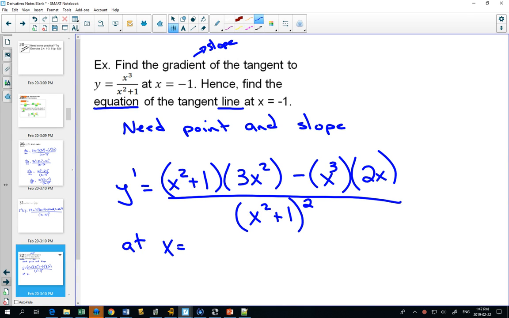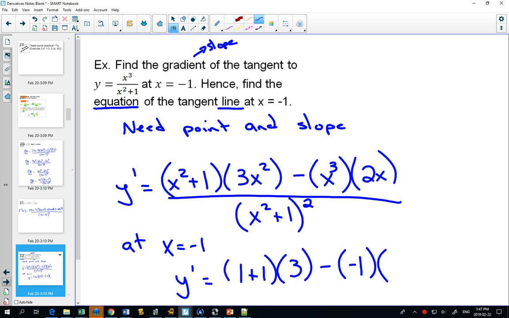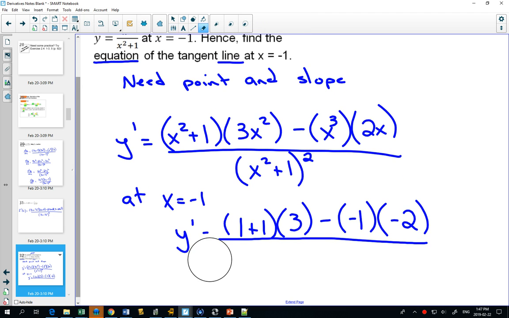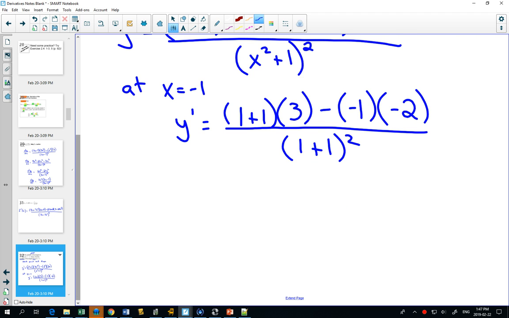At x equals minus 1, my derivative would be 1 plus 1 times 3 times 1 minus negative 1 cubed would be negative 1. 2 times negative 1 would be negative 2, all over 1 plus 1 squared.